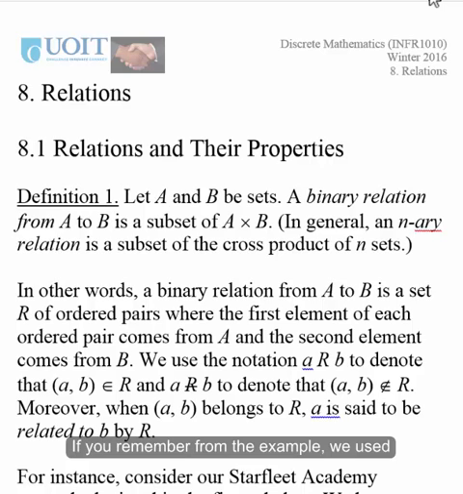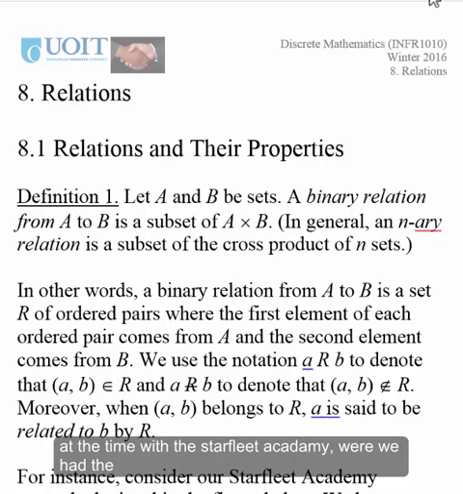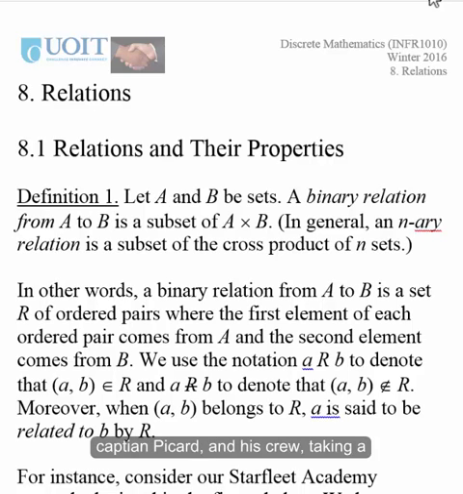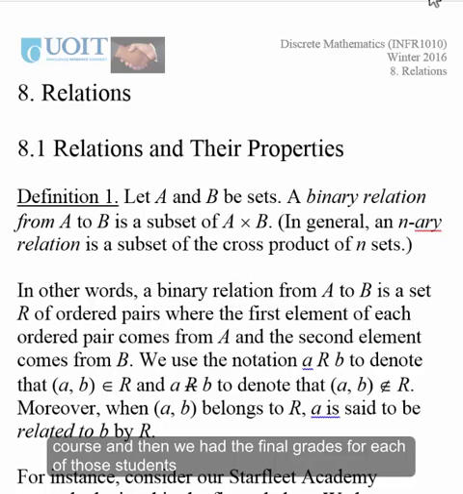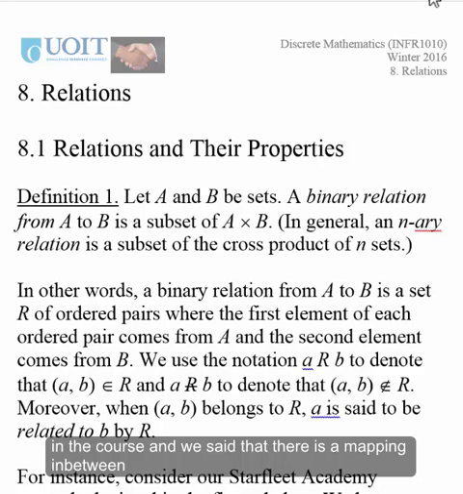If you remember the example we used at the time with the Starfleet Academy, where we had Captain Picard and his crew taking a course, and then we had the final grades for each of those students in the course. And we said there's a mapping between the student and the final grade.